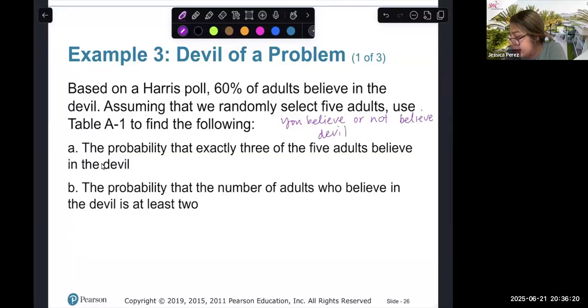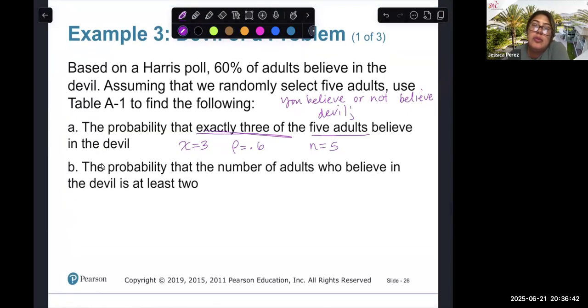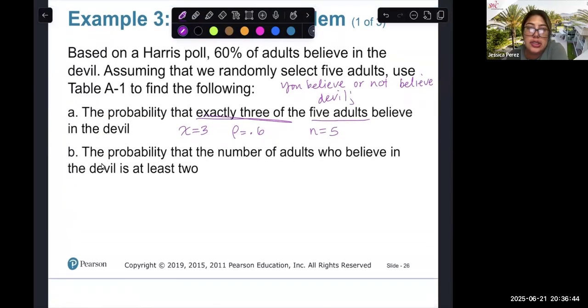So that gives us 2 options, successes and failures. We know that exactly 3, so the number of successes is 3. We have a probability of 0.6, and the number of trials in this case would be 5. And we would be able to find the probability.